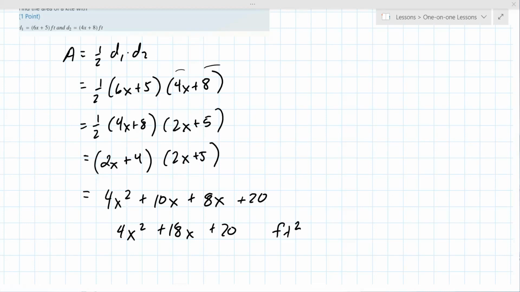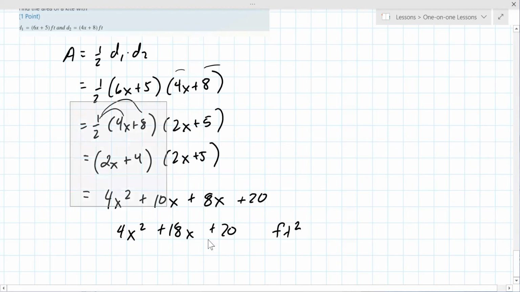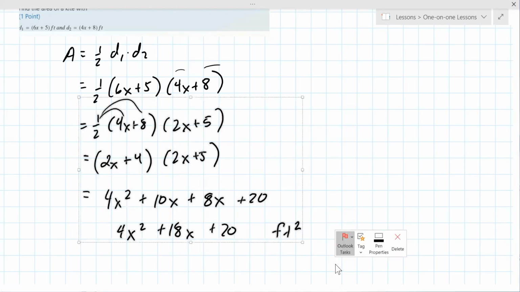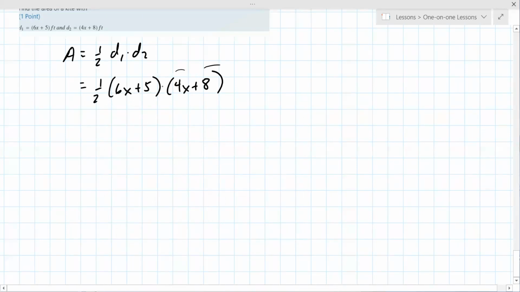Wait, where did the 2x come from? You take 1/2 of the 4x and 1/2 of the 8. Is that okay? I don't understand. Okay, well, let's go back then. So you can FOIL this, but you're gonna have to take a half.